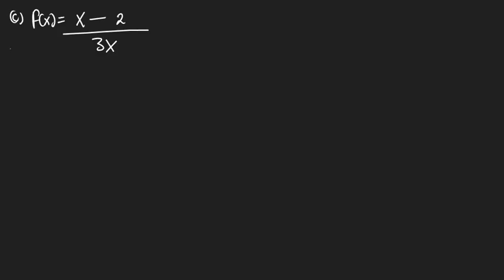For such type of equation, it's very simple also. So we're going to say, what is our vertical asymptote? So our vertical asymptote, we know that it is going to be 3x is equal to 0, so x is equal to 0.